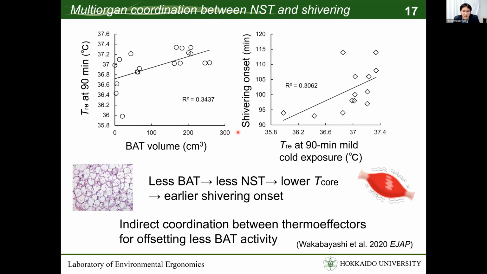So these results suggested individuals with less brown adipose tissue activity show less non-shivering thermogenesis, and it results in the lower core body temperature. And lower core body temperature induces the earlier shivering onset. So it could be the indirect coordination between some effectors for offsetting less BAT activity.